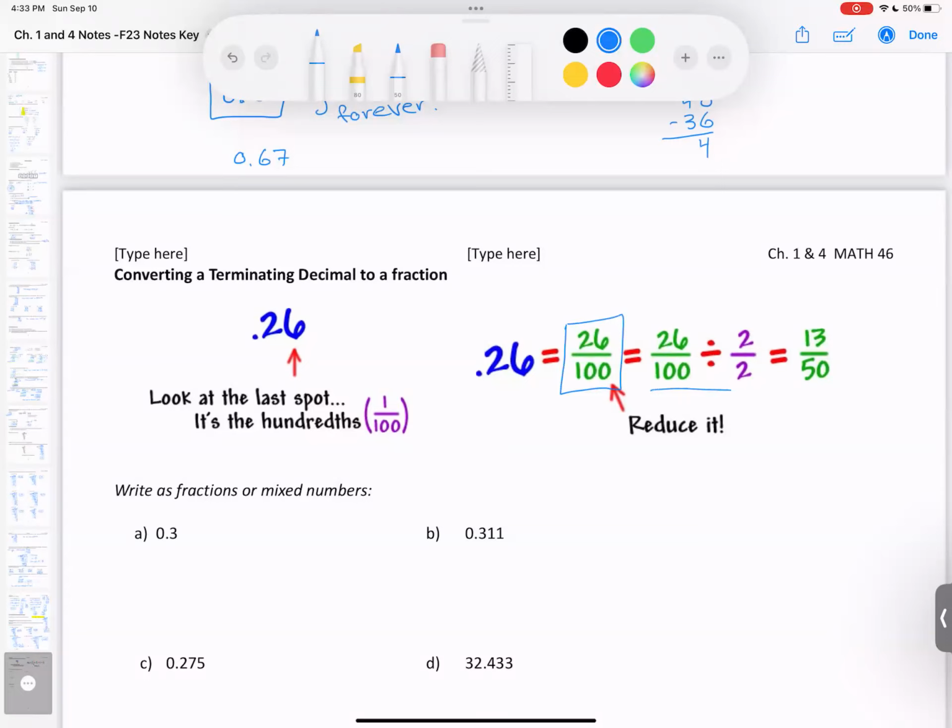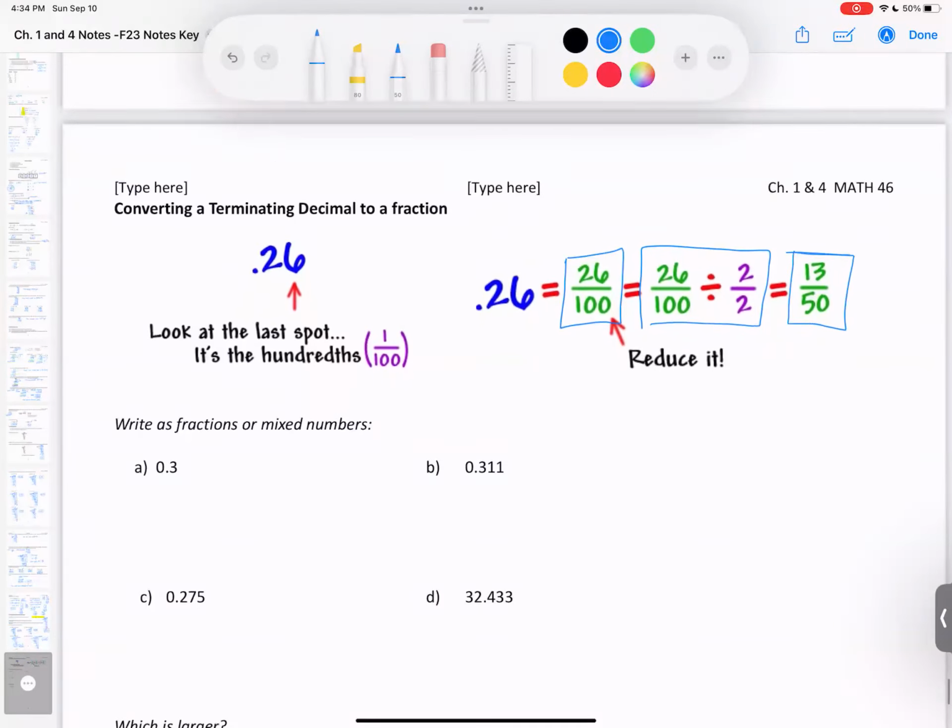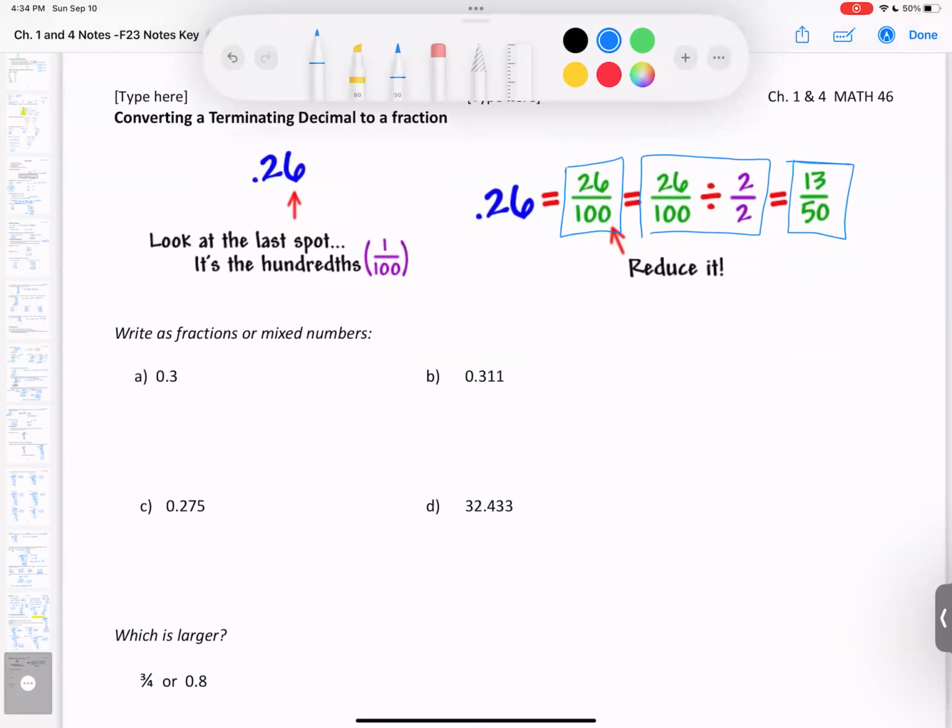We can divide each of them by 2 to end up with 13 over 50. Now there are no common factors, in other words, no numbers that divide the 13 and the 50, so we leave it as 13 over 50. We'll be doing some more of these in the next couple chapters as well, where we reduce down fractions.